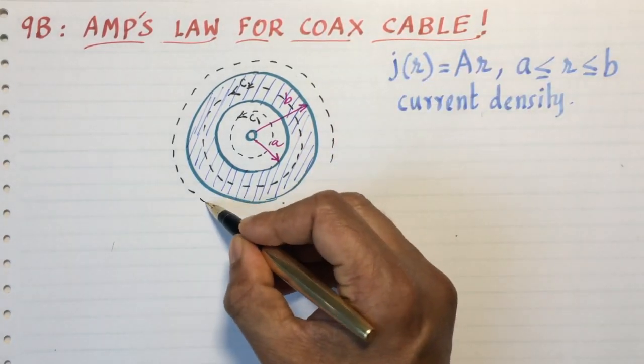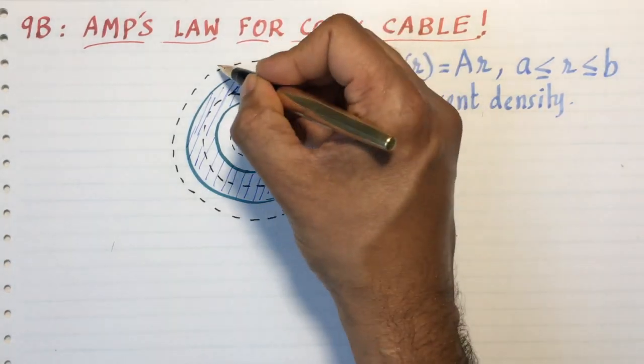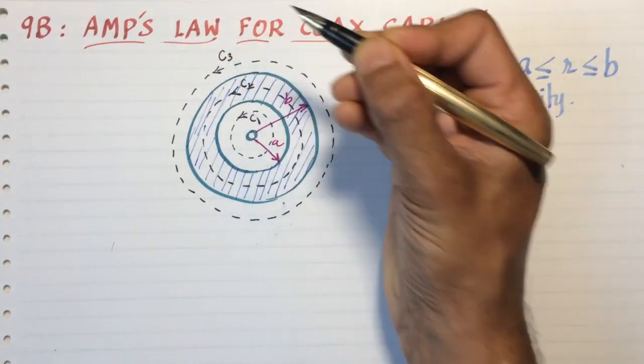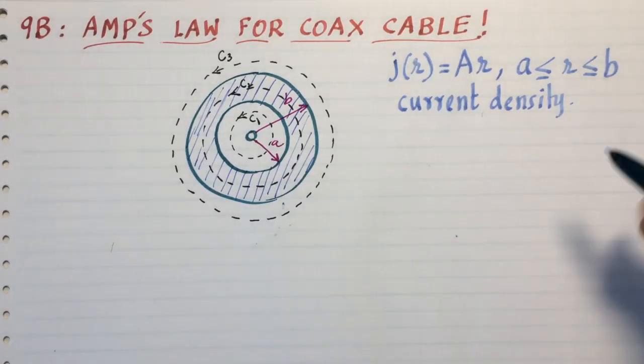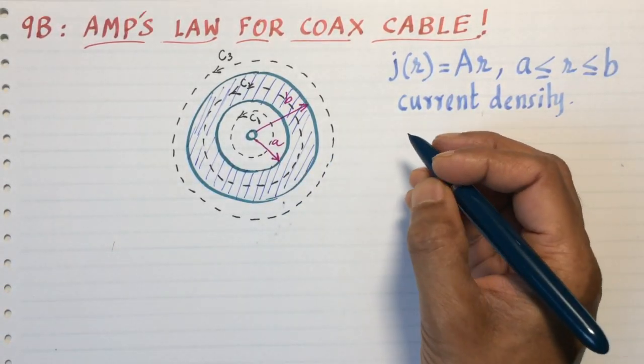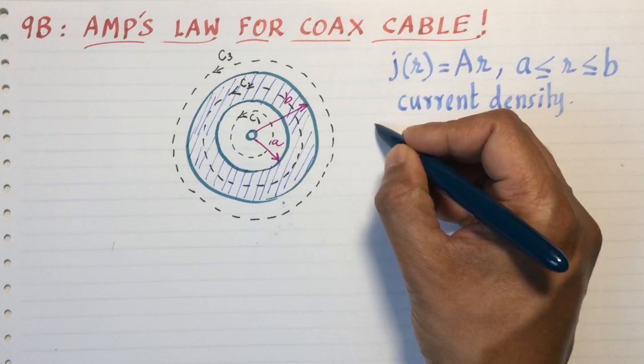There are three regions, one inside the coax, one in between, and one outside. So choose 3 Amperian loops. This is just like choosing the appropriate number of Gaussian surfaces to get the job done. Now the left hand side of Ampere's law I dealt with in the previous video, so I'll not go through it in great detail. I'll just give you some basic steps.